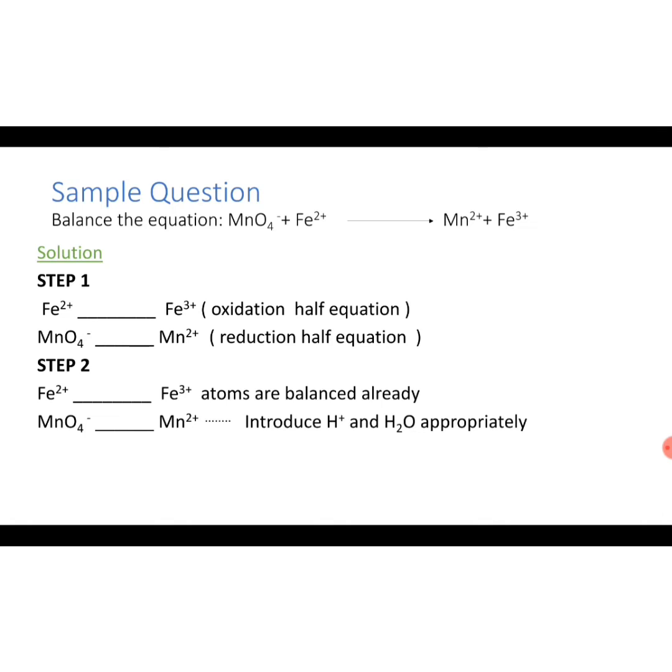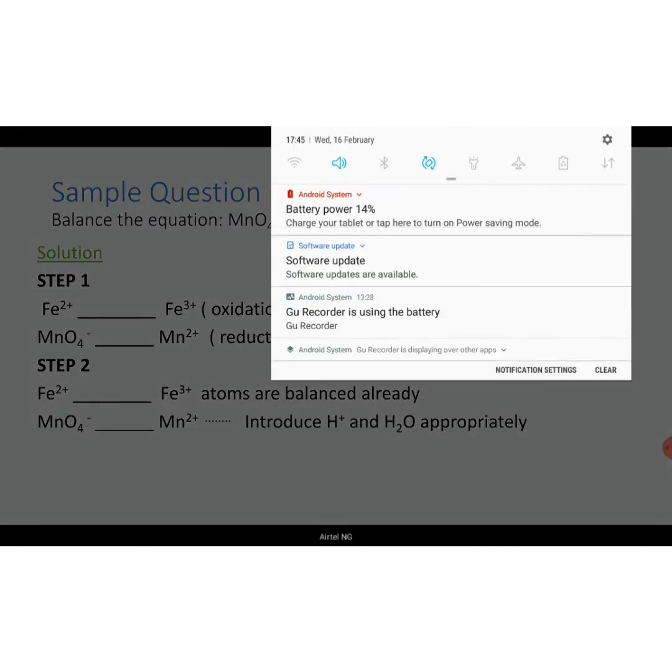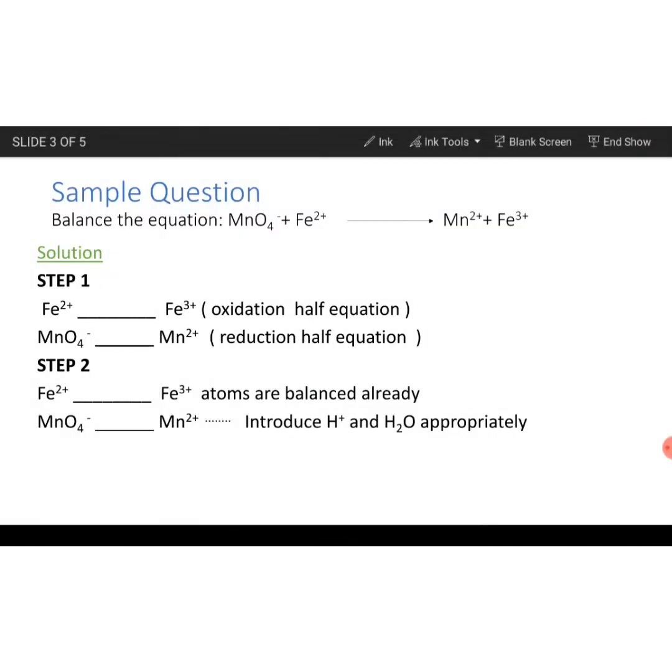Now, looking at this equation, you see that there is manganese here in our manganese oxide ion, and there is also manganese on the right hand side, but then we do not have oxygen on the right hand side, so we have to introduce oxygen there. To introduce oxygen on the right hand side, we will have to add our water molecule to the right hand side. And then by the time we do that, we have also introduced hydrogen on the right hand side.